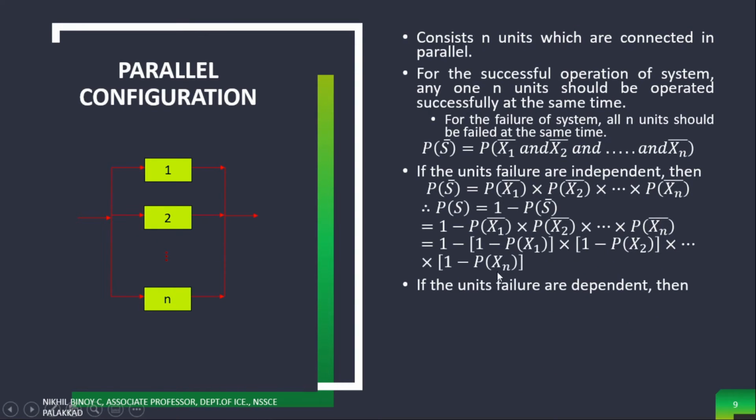Now if the units are dependent, if the unit failures are dependent, then how do we calculate the probability of the system?